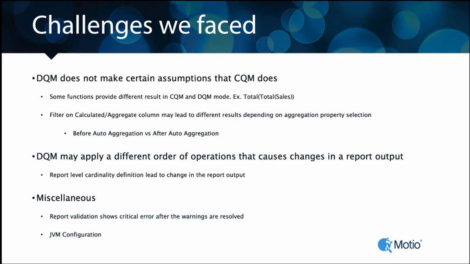Once we did that, the report ran without any issue. Apart from all this, we fine-tuned our JVM configuration. We worked with best practices, looked into the documents, and then fine-tuned it so that our environment runs fine.